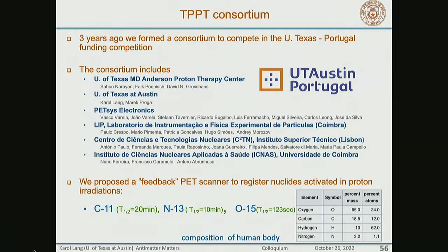So 65% is oxygen, carbon is 18.5%, and these are the main things. Look at the half-lives of these isotopes as they're being produced. This is 120 seconds, and this is 20 minutes. So your instrument has to be efficient, and ideally it needs to be, as we say, in beam, very close to the beam. And there are essentially no such instruments in the world yet.